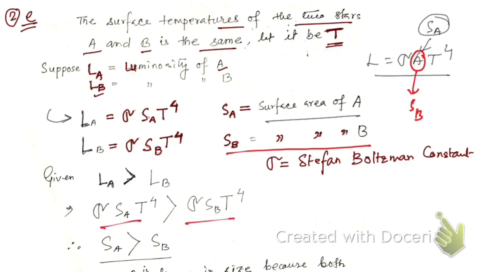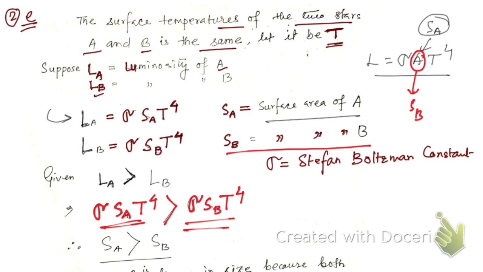From this relation you can see clearly that both stars have the same surface temperature, and sigma is the Stefan-Boltzmann constant. So on both sides, sigma and T are the same, so the only quantity that makes the two sides different is the surface area, right?